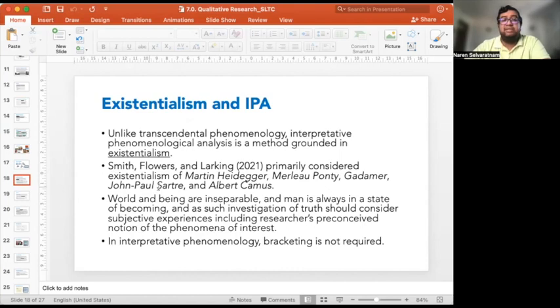Some of the key thinkers of this include Martin Heidegger, Merleau-Ponty, Gadamer, Jean-Paul Sartre, and Albert Camus. So here the world and being are inseparable. Man is always in a state of becoming, and such investigations of truth should consider subjective experiences, including researchers' preconceived notion of the phenomena of interest.